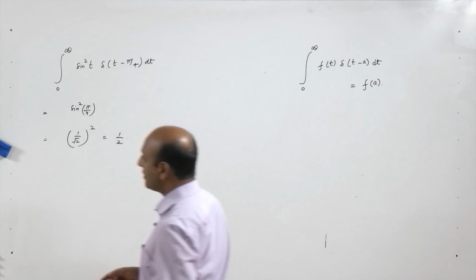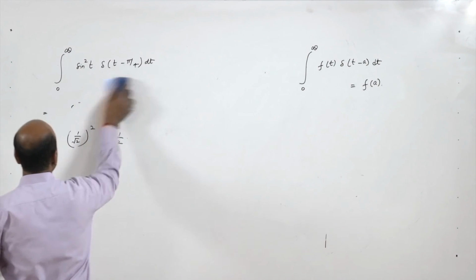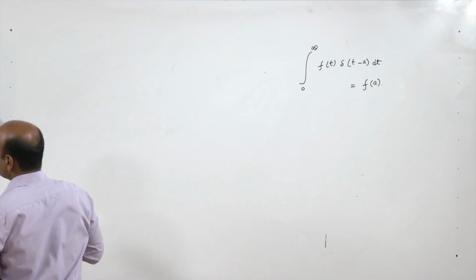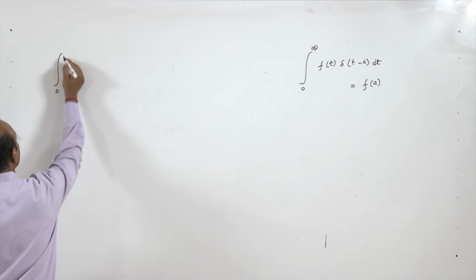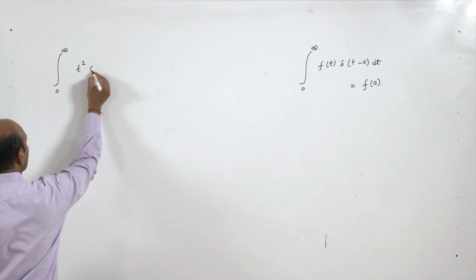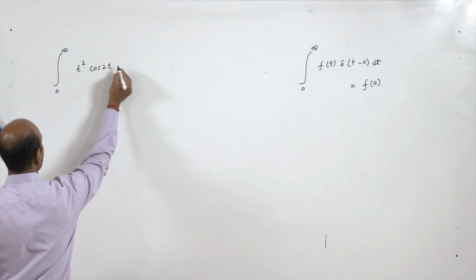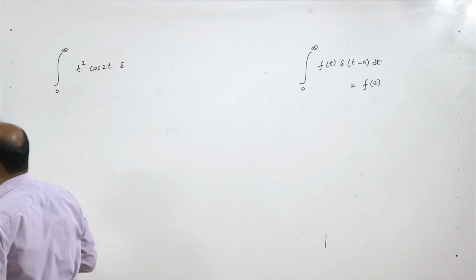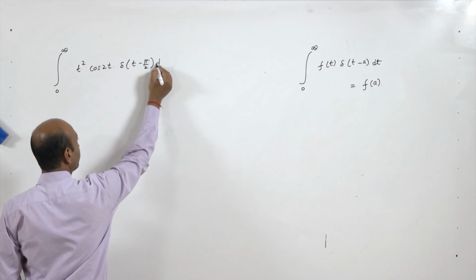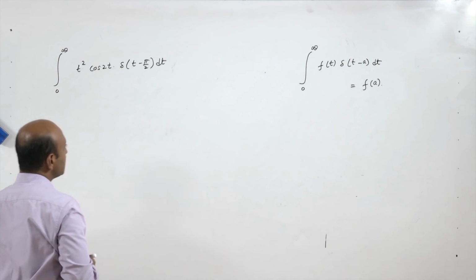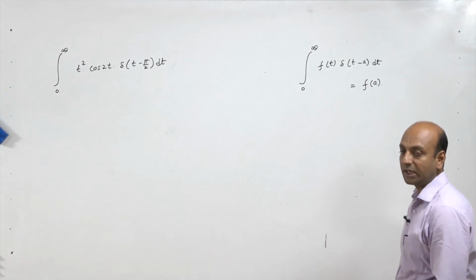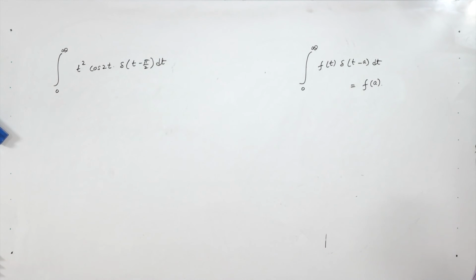Now, similarly, the second problem is integral 0 to infinity t square cos 2t into Dirac delta at t equal to pi by 2. Again, if we compare this with this expression, f(t) is nothing but t square cos 2t and a is pi by 2.